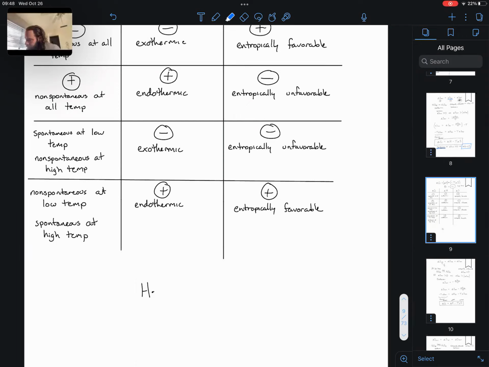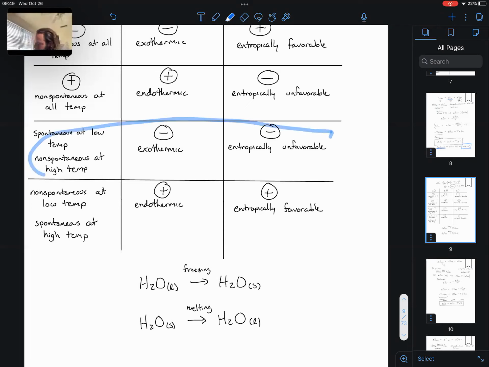All right, so again, H2O liquid to H2O solid. This is what we call freezing. Or H2O solid to H2O liquid. This is what we call melting. And we want to know which one falls into the category of being exothermic but entropically unfavorable.